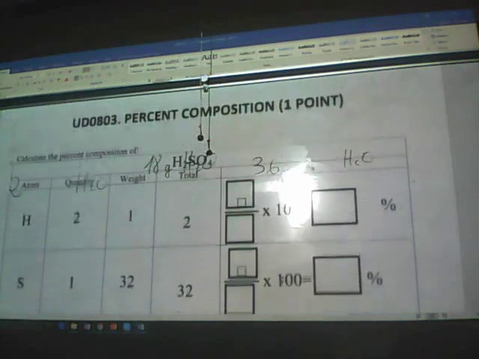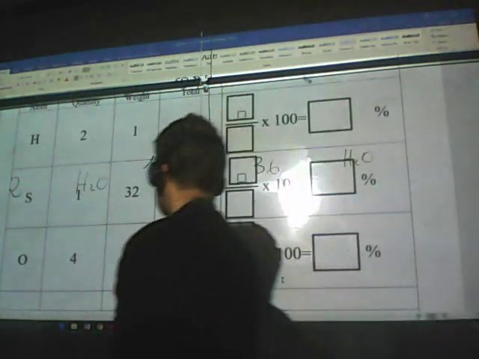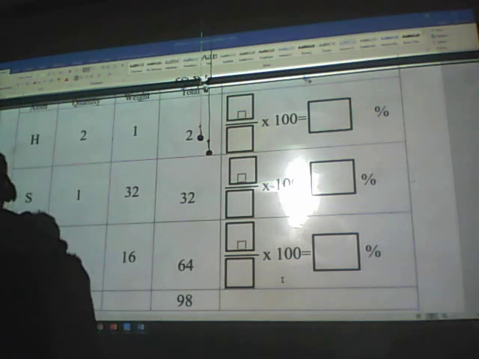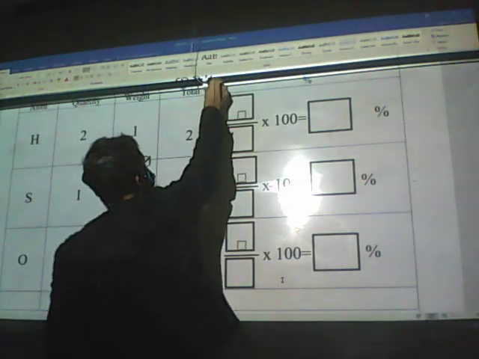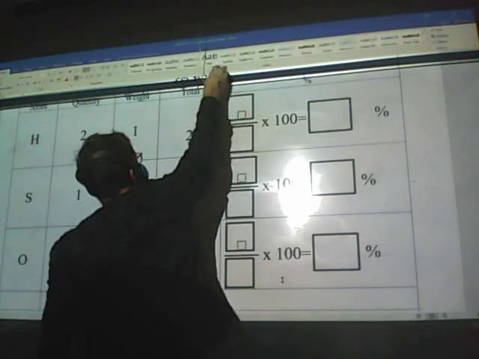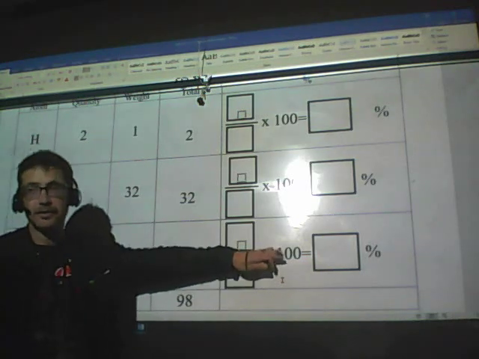Okay, I go on. Percent composition of sulfuric acid. So to get the percent composition, you have to do this table. It's a table like the molecular mass table, and you have to add this column, okay?